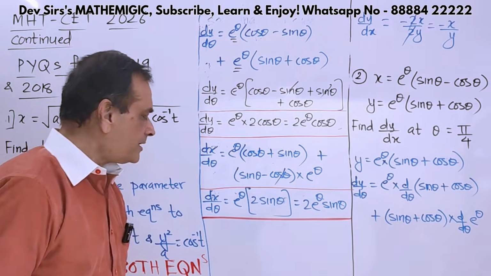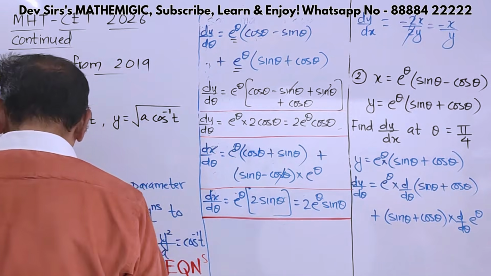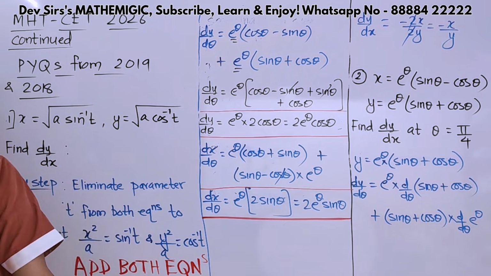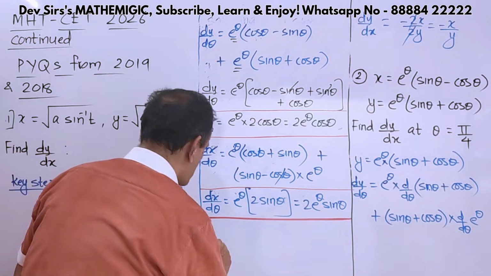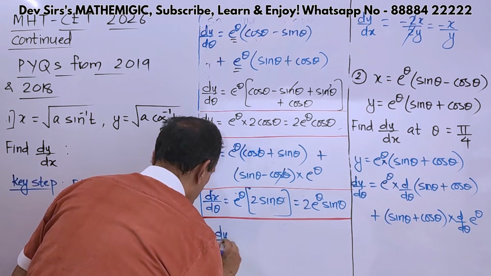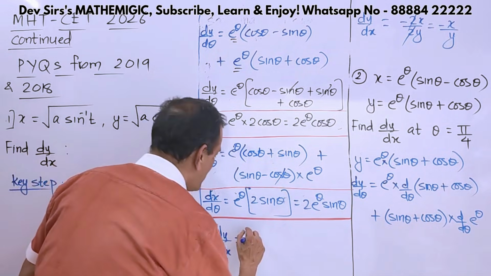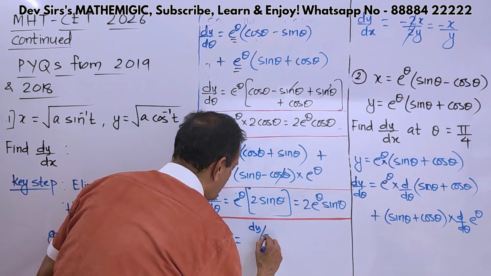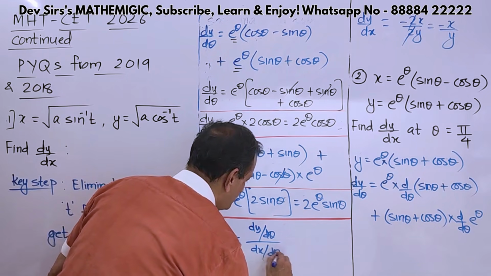dx by d theta has come. Now our regular parametric formula. Okay, what is the parametric formula? dy by dx is dy by d theta upon dx by d theta.